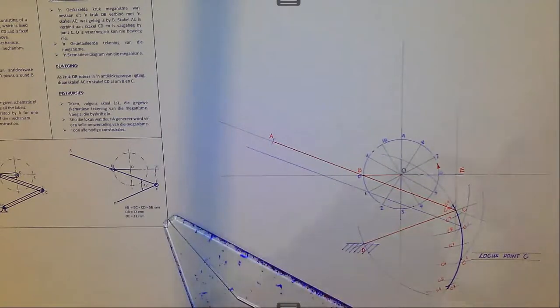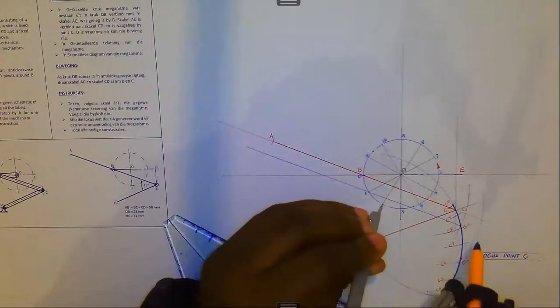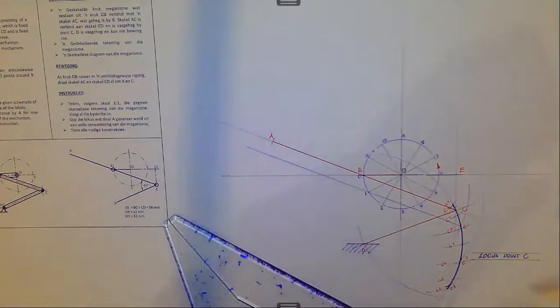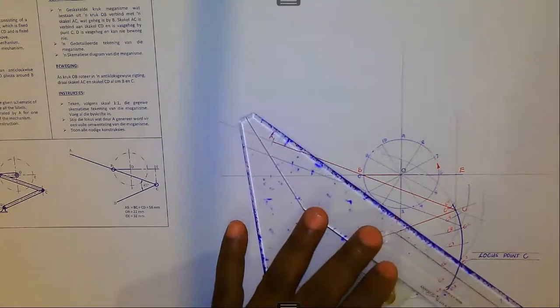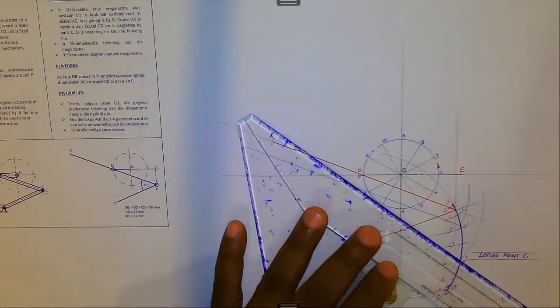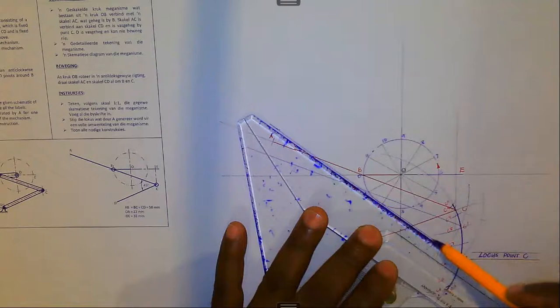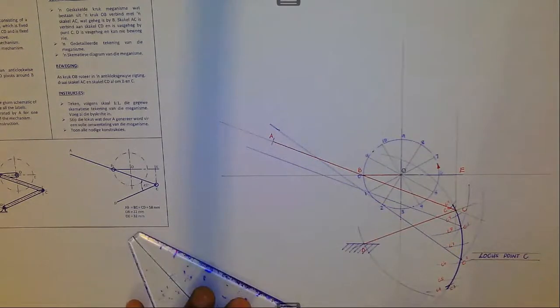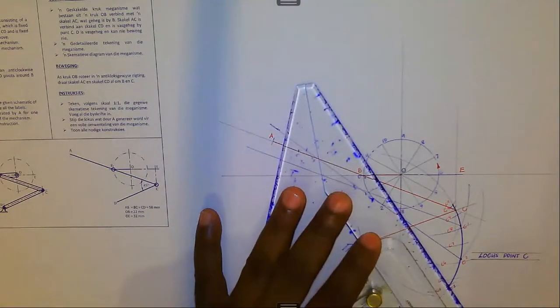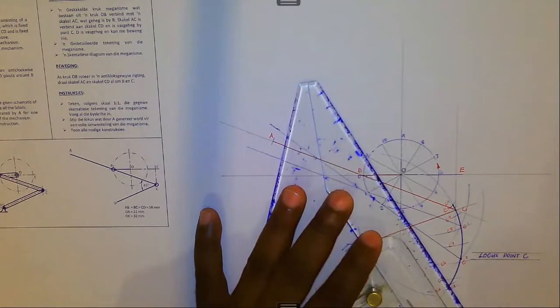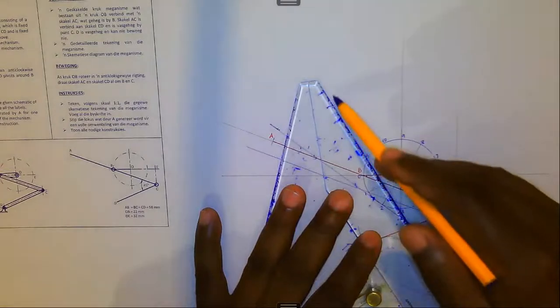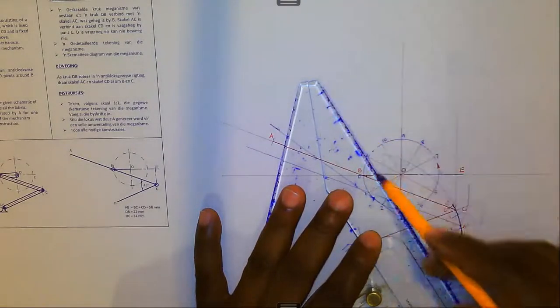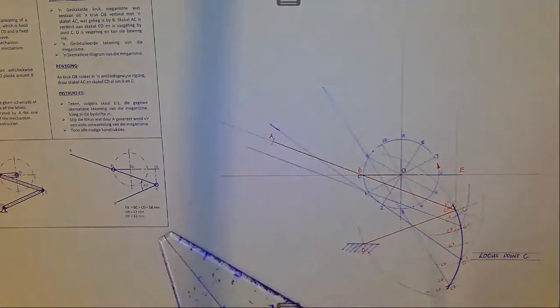Right, let me just verify again. There you go. That's 2, like that. Then we have got 3, which is this one, like that.